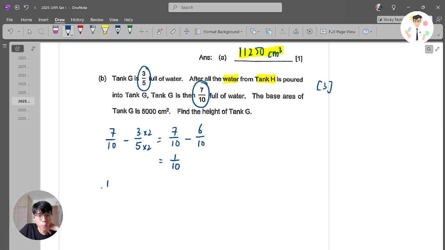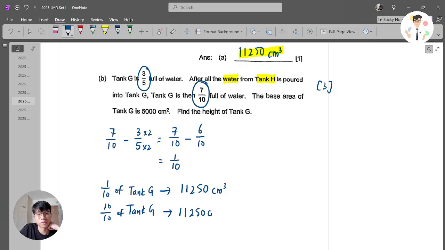Means that 1/10 of tank G is actually 11250 cm3. If I want to find the full capacity or the volume of tank G, that would be what? 10 out of 10, right? Which is just times 10, which is 112,500 cm3.